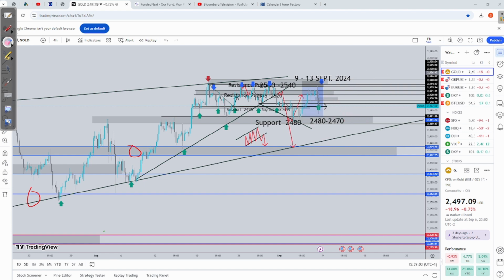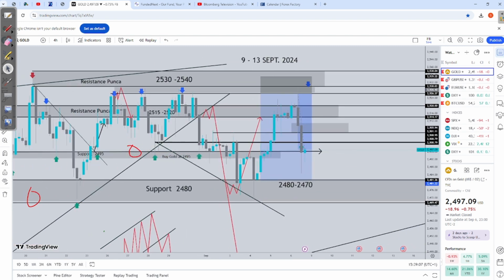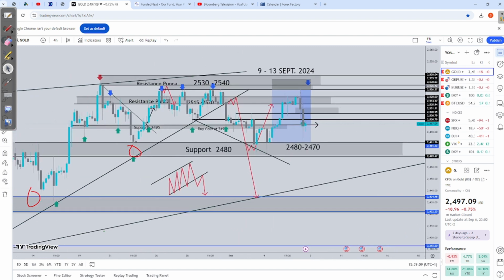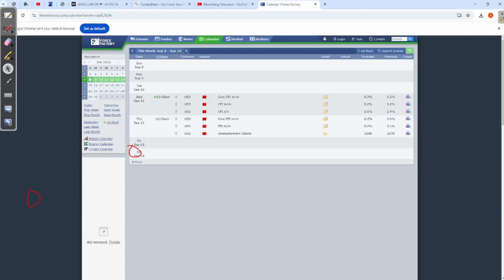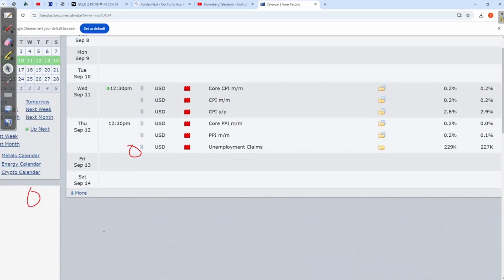So guys, let's see how it goes. But whatever it is, guys, target more of the sell. I'm going to go with that one. And bear in mind, the major news for this week is CPI.